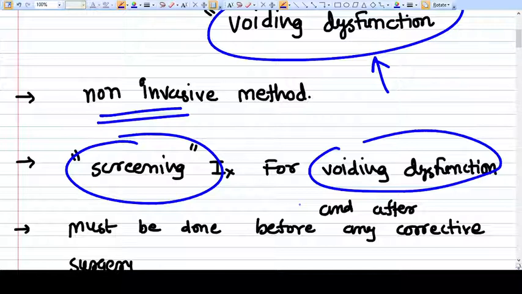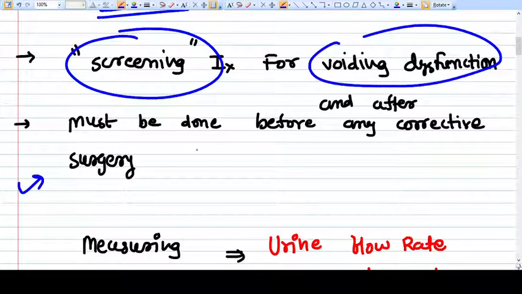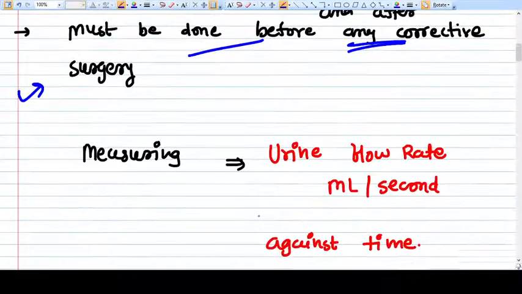There are various reasons for voiding dysfunction, but this particular investigation does not distinguish the various causes. We will see further in this video. This is a screening and very useful. This should be done before and after any corrective surgery.